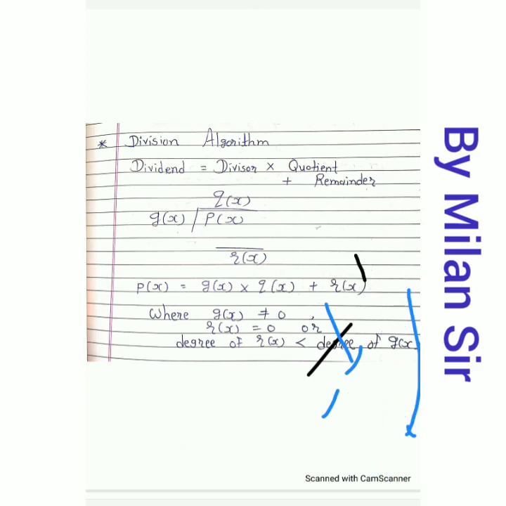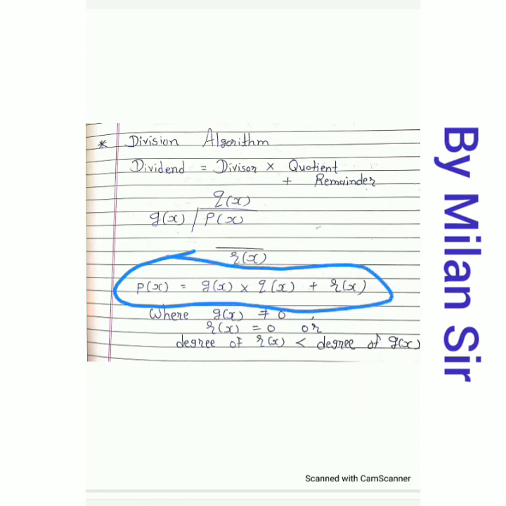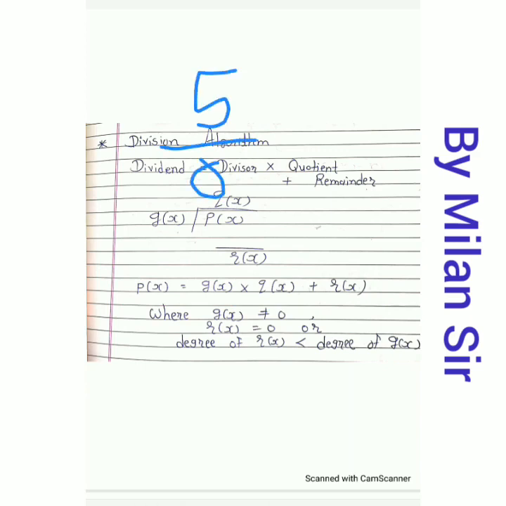I already wrote the division algorithm here: p of x is equal to g of x into q of x plus r of x. Now, if we divide 5 by 0, or any number by 0, if 0 is present in the denominator, it means this number does not exist, because division by 0 goes to infinity. So in the denominator 0 is not possible.